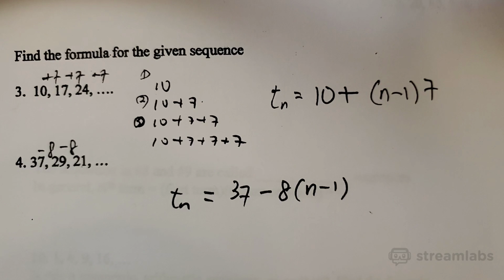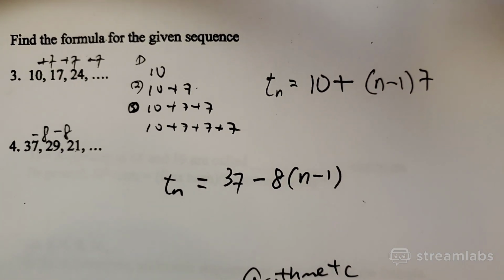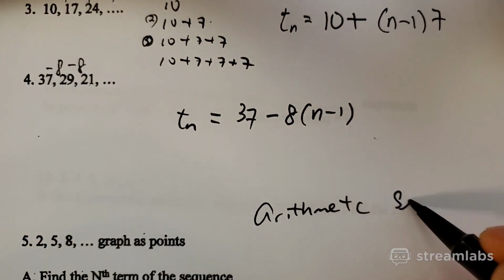In such cases, we call this the arithmetic sequence. Okay, arithmetic sequence. We don't have to simplify here for now, because we're going to be using it more later. So we call this an arithmetic sequence.